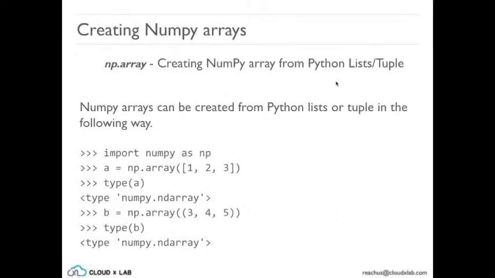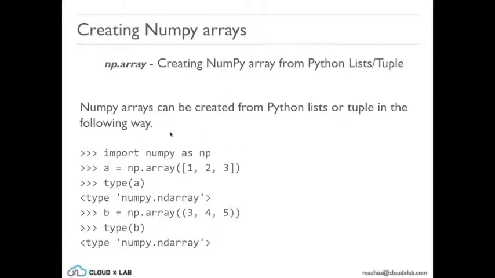Now, Numpy array. What I'll do is use a combination of slides, and then jump into hands-on with my notebook to do the actual demonstration. Numpy arrays can be created from both Python lists or tuples like this.